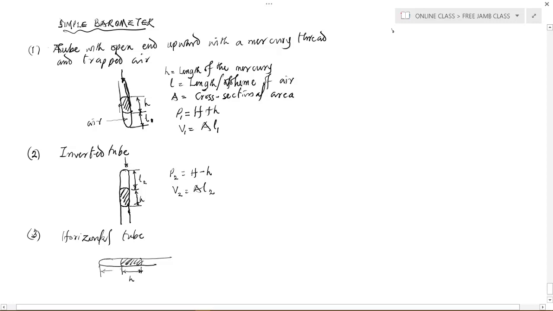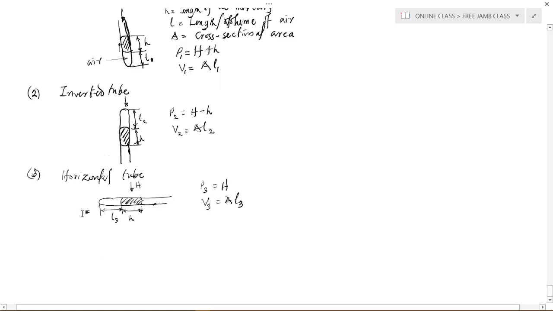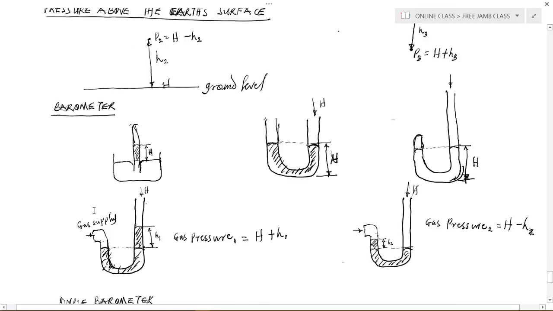Here is the length of the air trapped. The atmospheric pressure is acting this way. So here our P3 is equal to H because the mercury has no effect in this case. The volume V3 is equal to A L3. So that is the summary of everything you have under pressure I've given you.